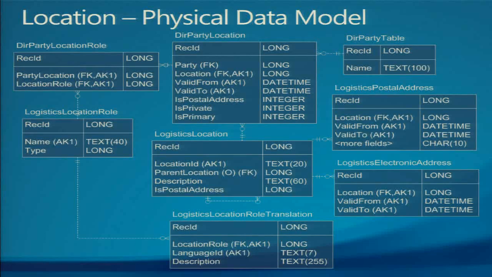You know, business, home, delivery address, and such. So this is where we hold that information, the location roles for a party. And logistics location roles holds all the roles in the system. Same thing, it's customizable as well. We have forms where you can go in and add new roles.